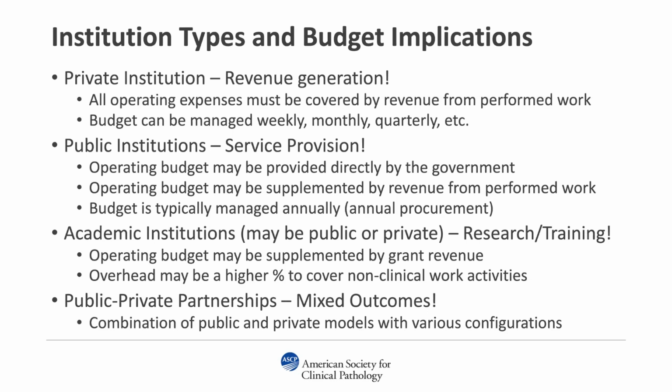For example, if you look at Harvard in Boston, the Harvard School of Public Health has an overhead rate on an NIH grant of 34%, but the Brigham and Women's Hospital has a rate of 78%.